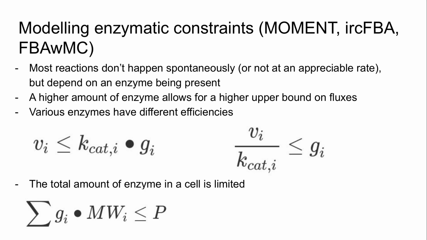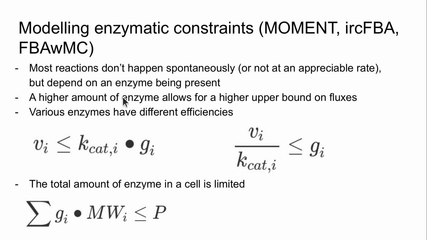And nominally, a higher amount of enzyme allows for a higher flux rate for whatever flux is being catalyzed by that enzyme. Not every enzyme will have the same efficiency, and also just because you have a lot of an enzyme present doesn't mean that the flux has to be high. It simply allows for the flux to reach that upper bound.